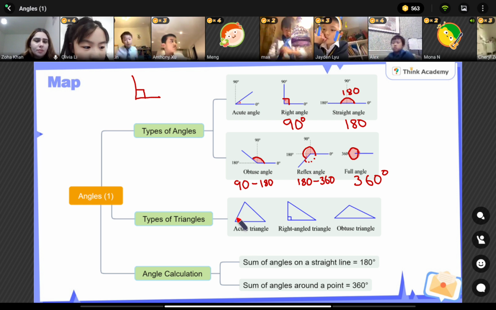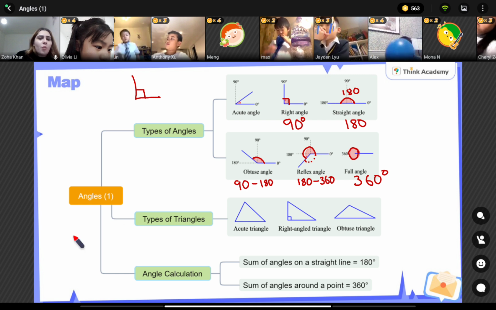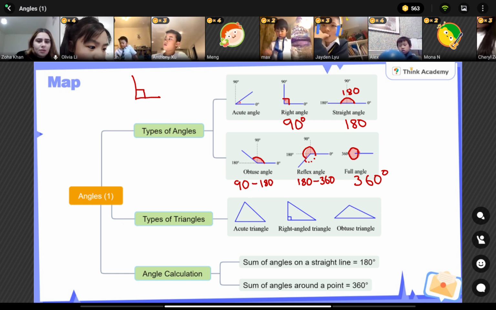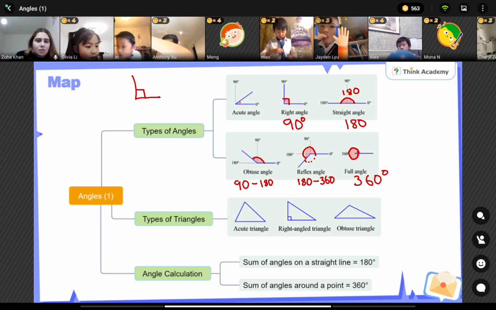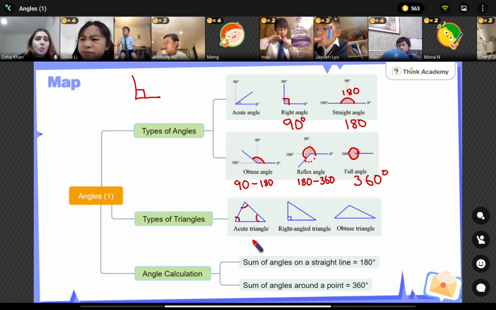In an acute triangle, we have what? Yeah, we've got 3 angles that are all the same.